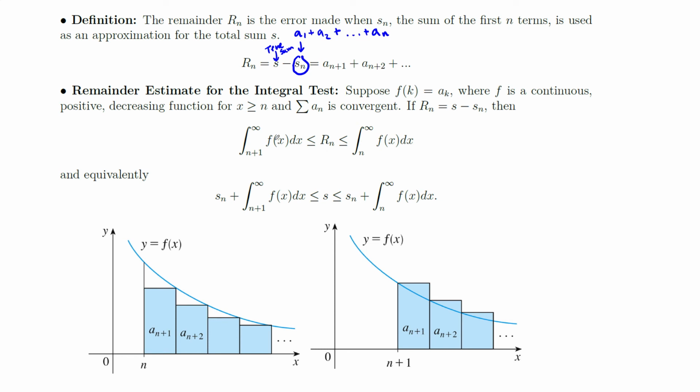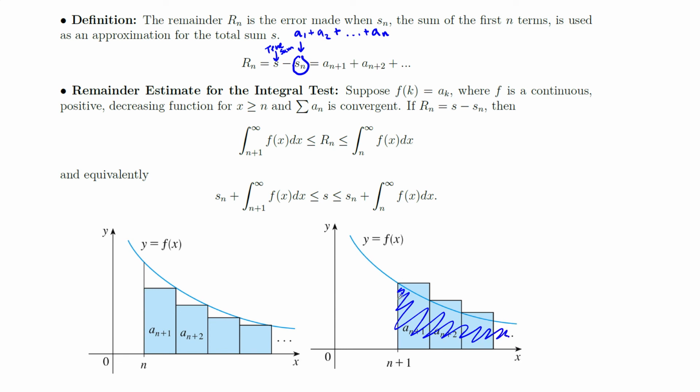So the remainder that's left over has got to be bigger than integrating from n plus 1 up to infinity. And the reason you can see right here: if you're starting the integration at n plus 1, that's going to give you all this.